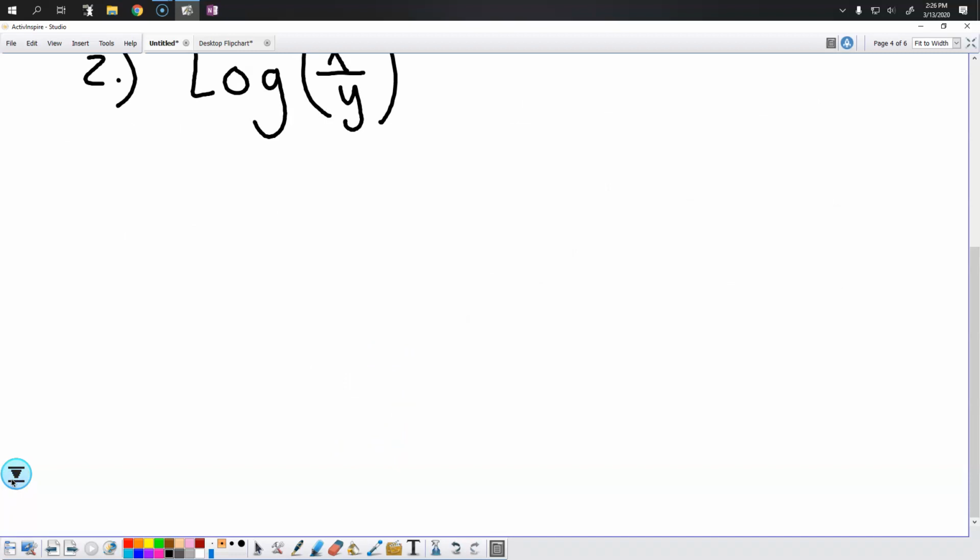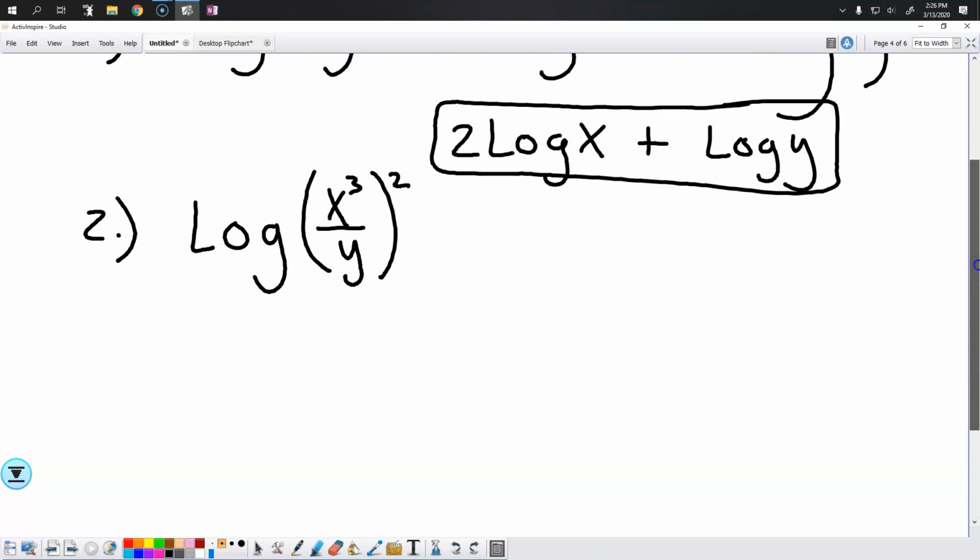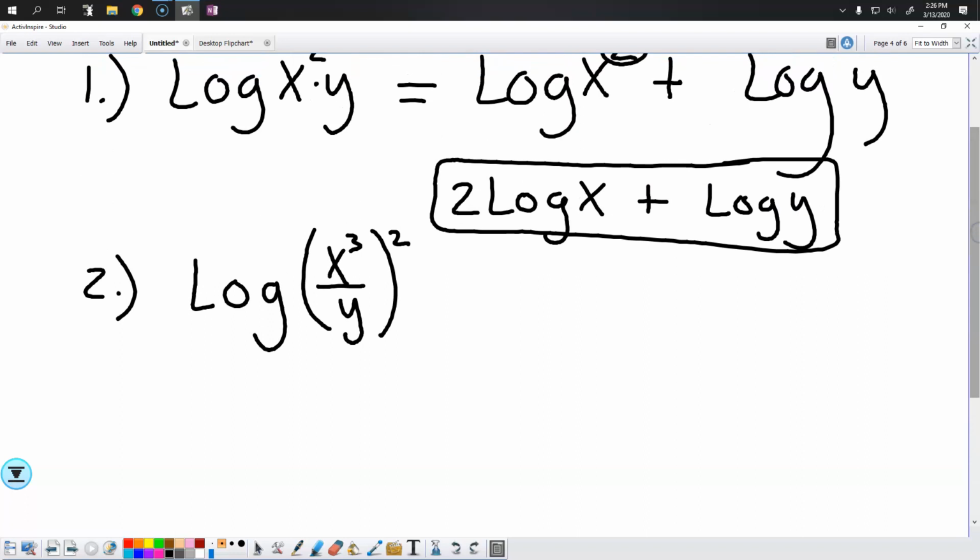Now, I don't like this. I like to keep it a little bit simpler, but there are a few questions like this on the homework, so I want you guys to be prepared for it. So here's the deal with this.